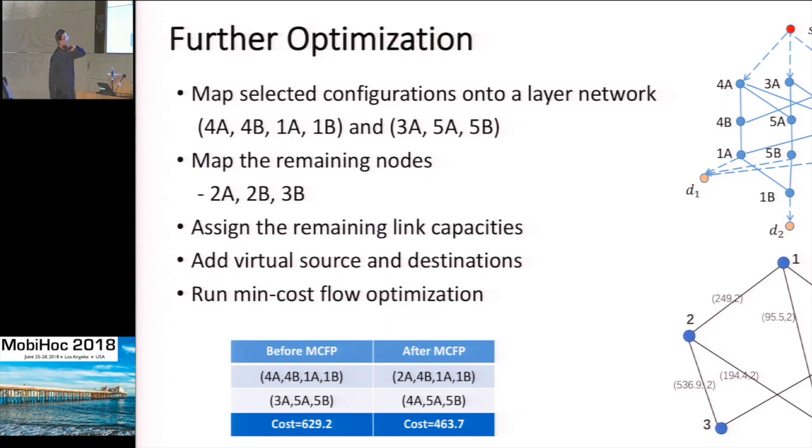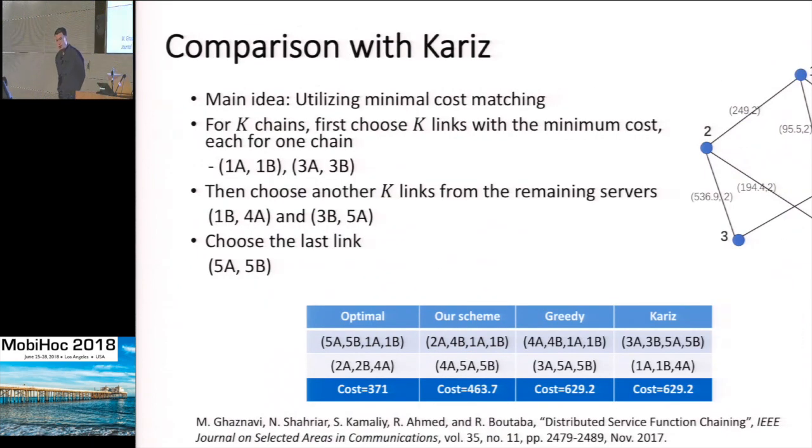Here I just want to highlight that before we run this min cost flow optimization, the total cost is actually 629. But after this refinement, we significantly reduce the cost to 463. Let me compare with some of the latest results. This result actually recently appeared in JSAC.